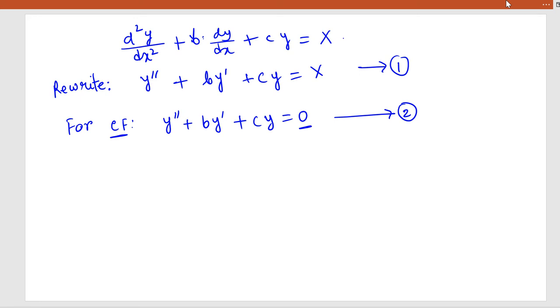Then the complete solution of equation 2 is, actually, here CS equals to CF.